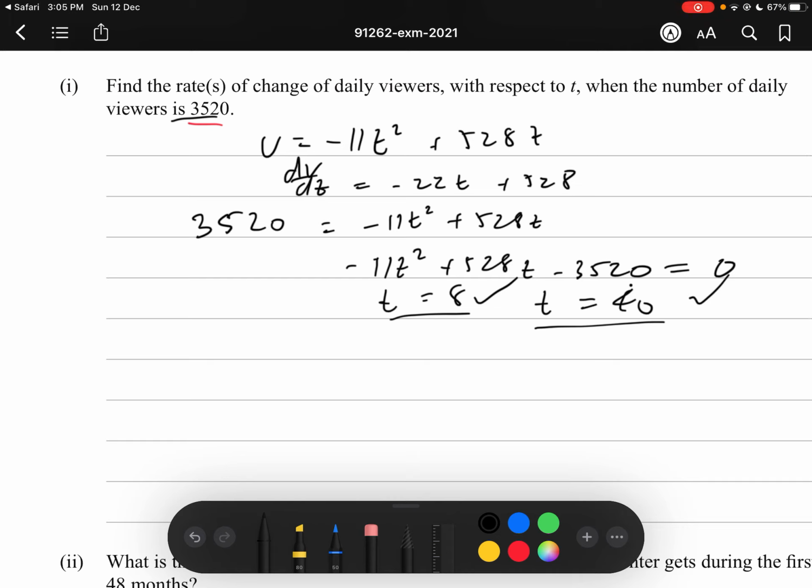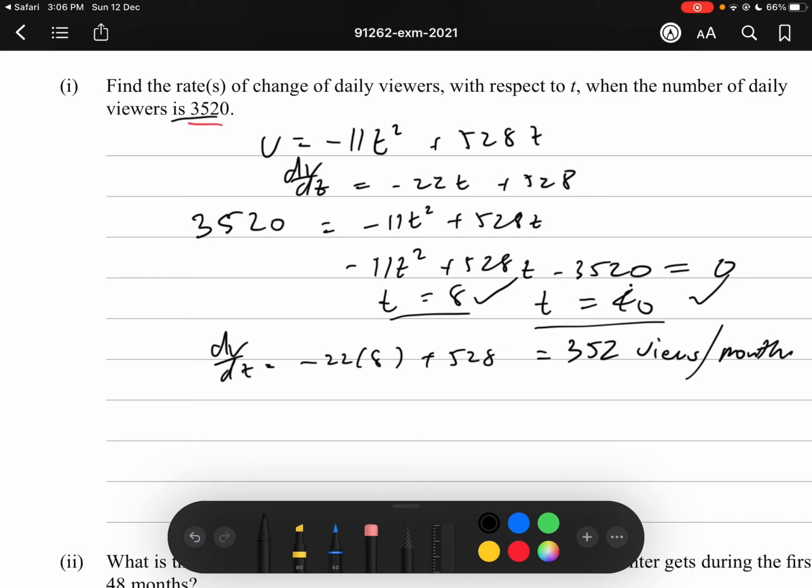So now we're going to substitute these t values back into our equation for the rate of change. So dv over dt is equal to, substitute t equals 8 first. We have negative 22 times 8 plus 528, which is equal to 352 views per month.